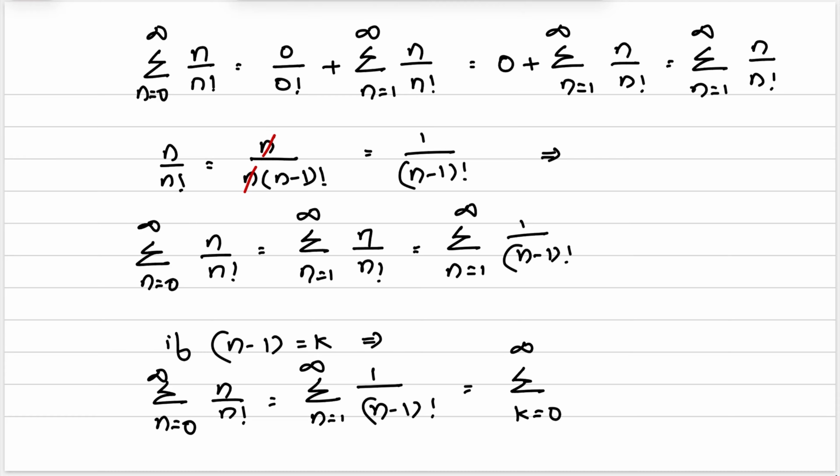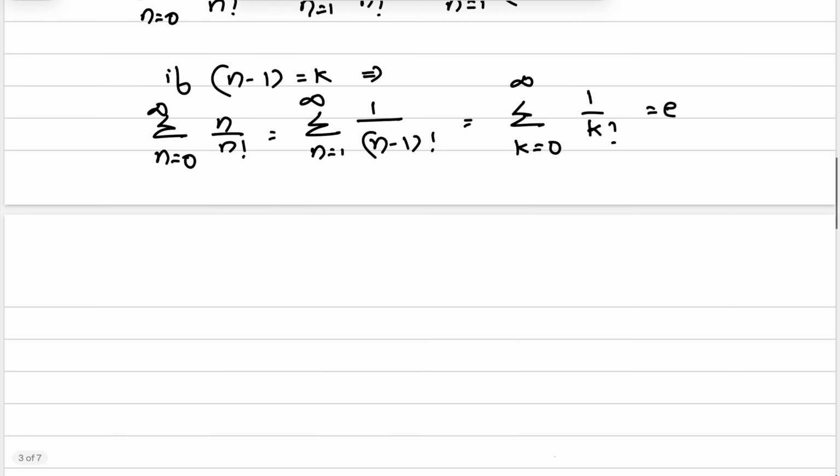That is equal to E, from the definition of E. That means sigma n is equal to 0 to infinity n by factorial n is equal to E. This is one value we have got just now.